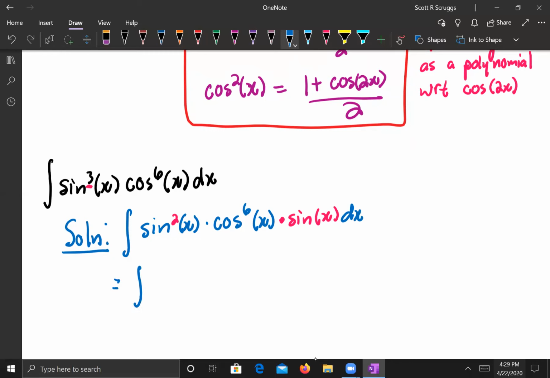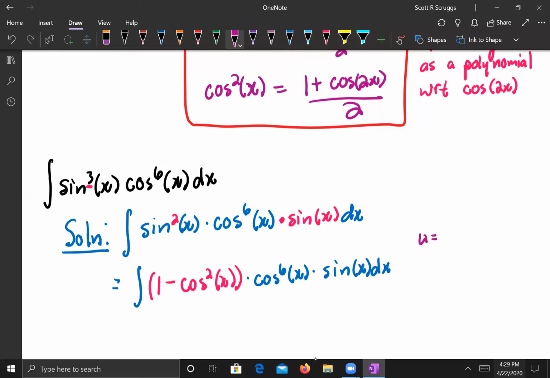And I get the integral of, let's replace that with another pink, 1 minus cosine squared of x times cosine to the 6 of x, and times that sine of x dx. Now I do my u sub, where u is going to be cosine of x, and my du will be negative sine of x dx.